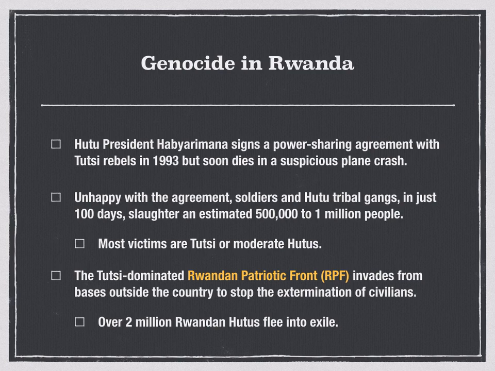Most victims were either Tutsi or moderate Hutus. The Tutsi-dominated Rwandan Patriotic Front, the RPF, invaded from bases outside the country to stop the extermination of civilians. And at that point, over 2 million Rwandan Hutus fled into exile.